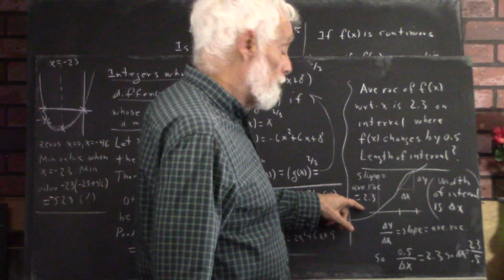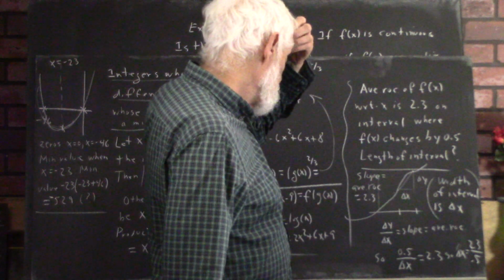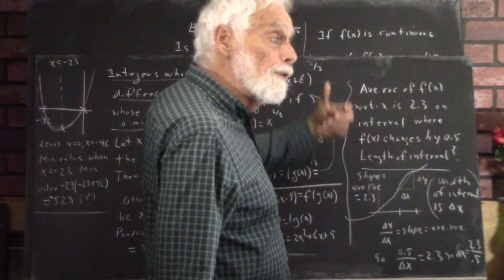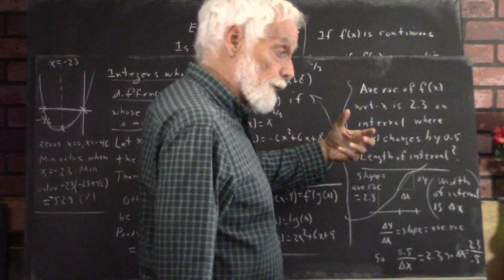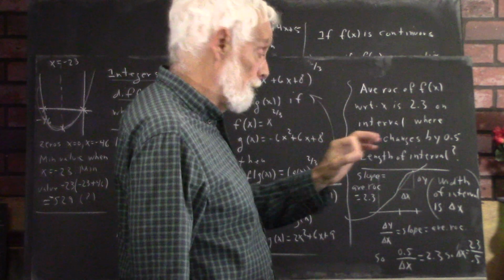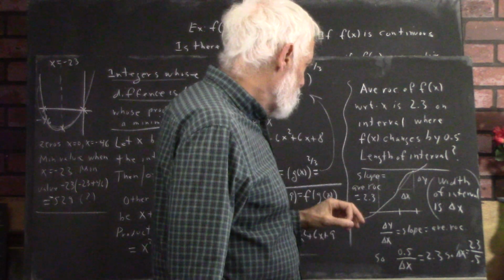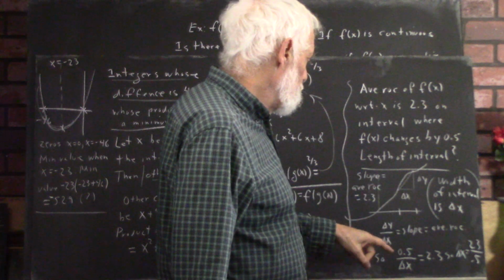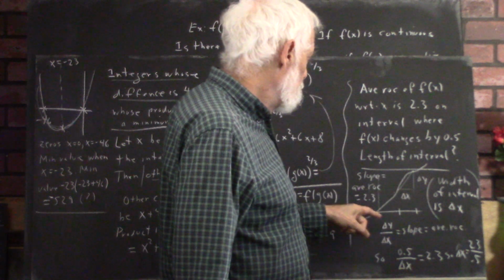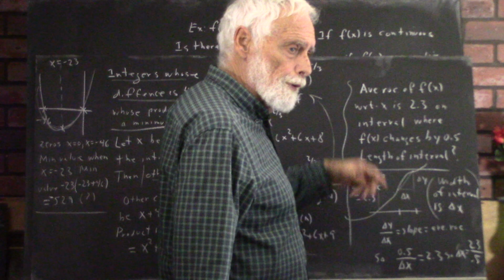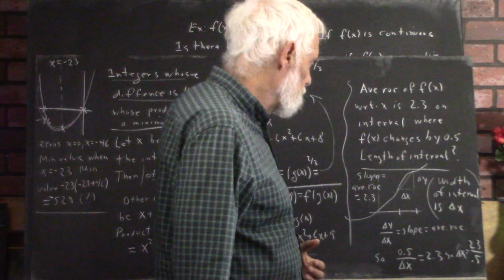Slope is your average rate of change. That's 2.3, because the slope is change in y divided by change in x, which is the rate of change of y with respect to x, the average rate of change. So we've got delta y, and we know that delta y is 0.5. Slope is 2.3. That's delta y divided by delta x.